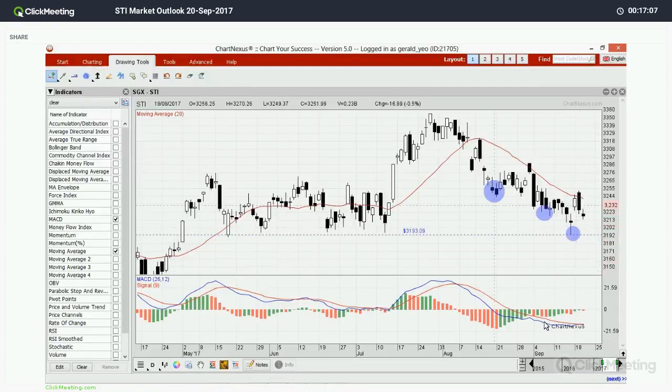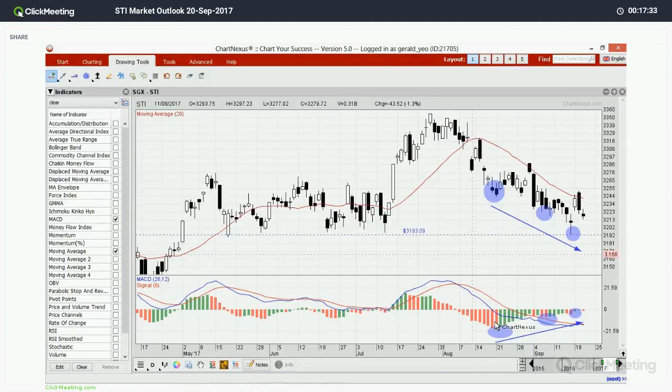But do you notice on the MACD indicator, the corresponding low of the MACD histogram has in fact been going higher. Now this suggests some divergence between the price that's coming down and the indicator levels, which is going up. So the MACD histogram basically measures the momentum.